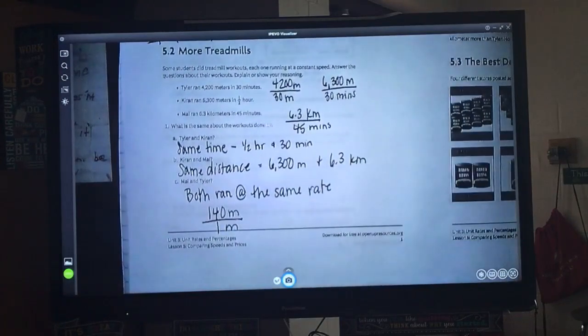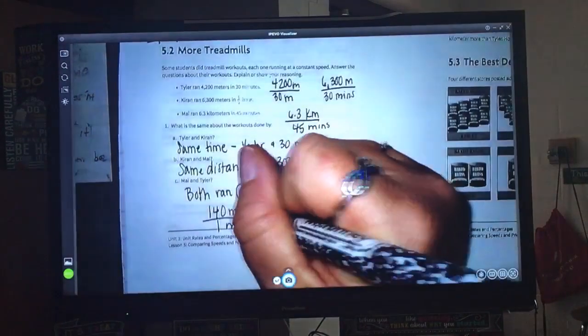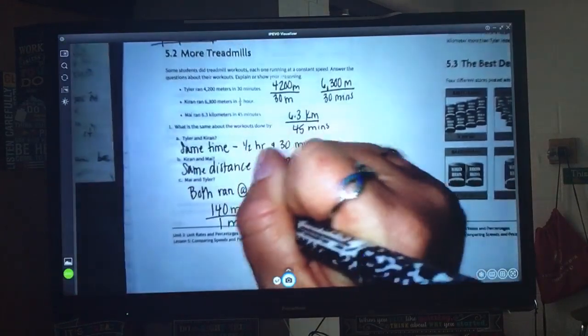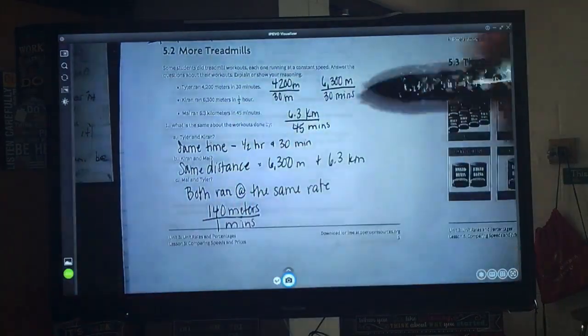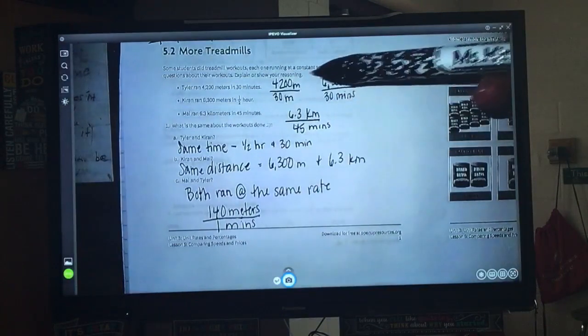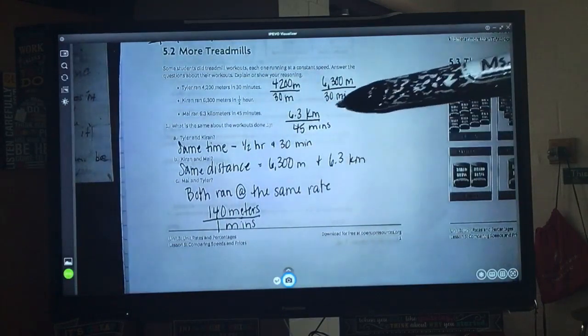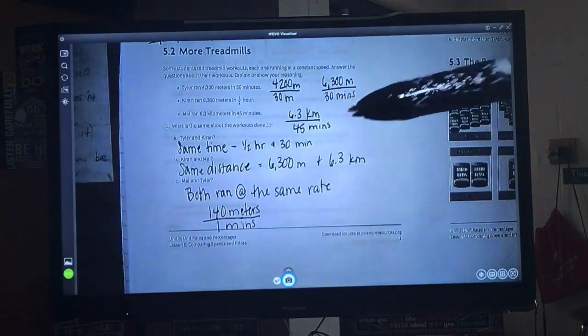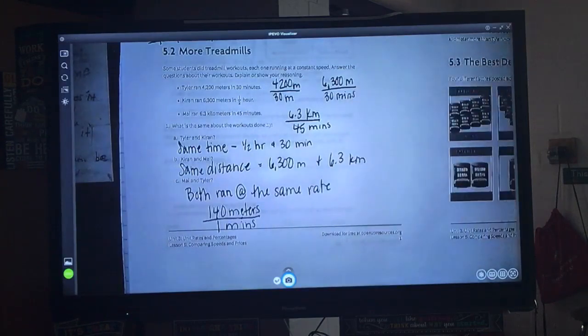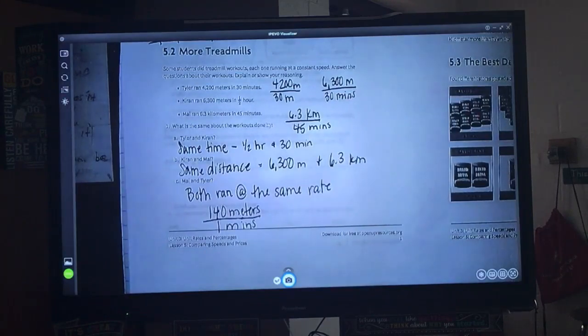All right, so again, let me write meters. Looking at this information before you just jump right in and start trying to solve is sometimes going to be a benefit. Sometimes we are so quick to try to get as much work done as possible, we're not actually looking at the questions, and we're making it a lot harder than it needs to be.